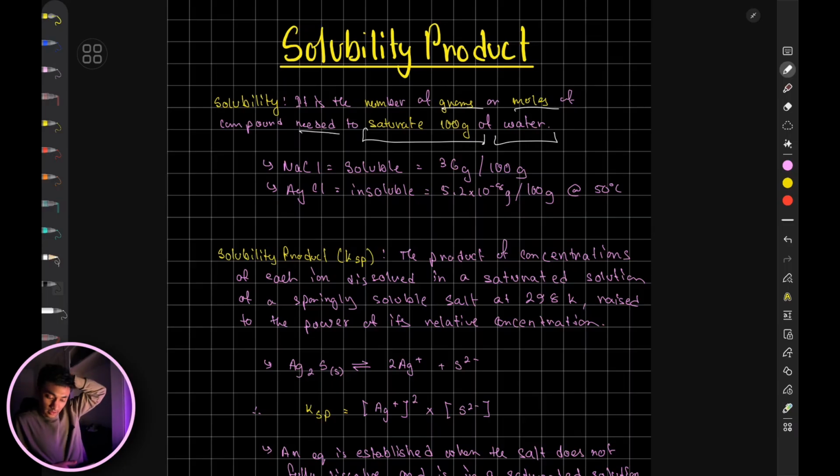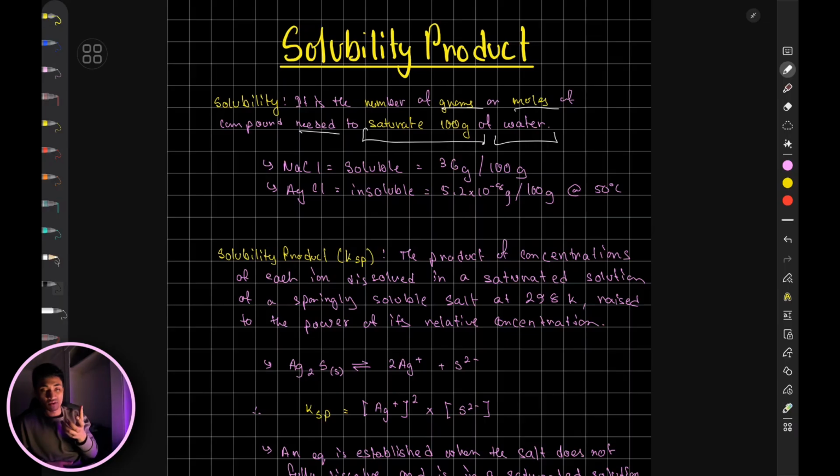Okay, so the thing with solubility is usually you can have it as grams that dissolve per 100 grams, and we're also going to look at mole per dm cube as a unit as well. So how many moles of it dissolves per unit volume.